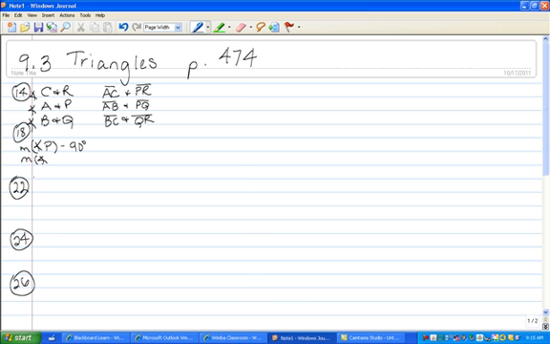Measure of angle A corresponds to Q, and that's 42 degrees. And angle B corresponds to angle R. So those two are going to have the same measure, and I think it's 48. 48 plus 42 would give us 90.